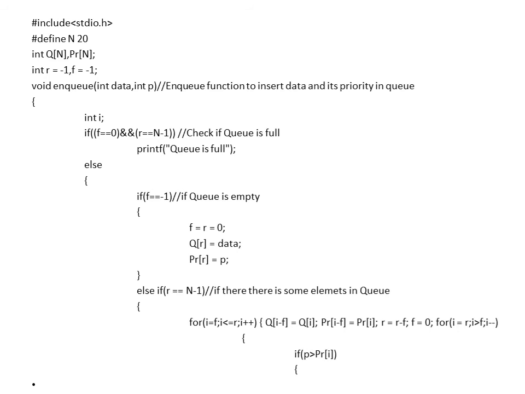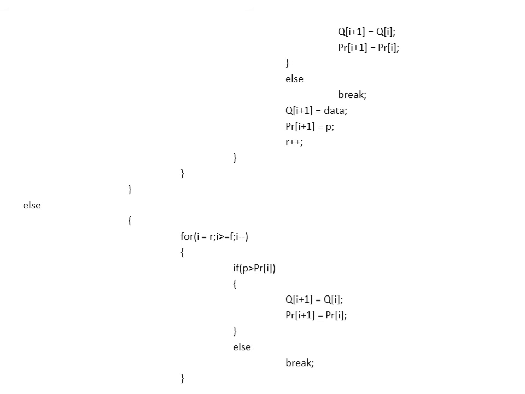Then rear end r equals r minus f. Same thing I have taken forward. What happens? q of i plus 1 equals q of i, priority of i plus 1 equals priority of i. If the condition is false, then it will come out of the loop. Then q of i plus 1 equals data, priority of i plus 1 equals p. Then increment the rear because I want to insert the elements.